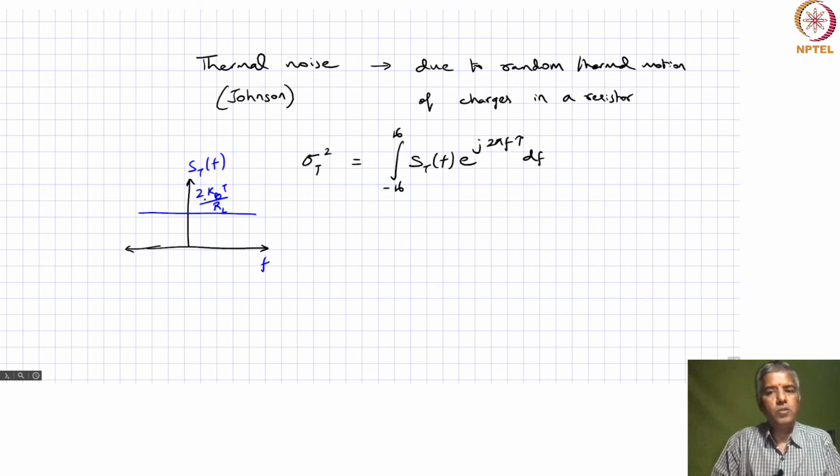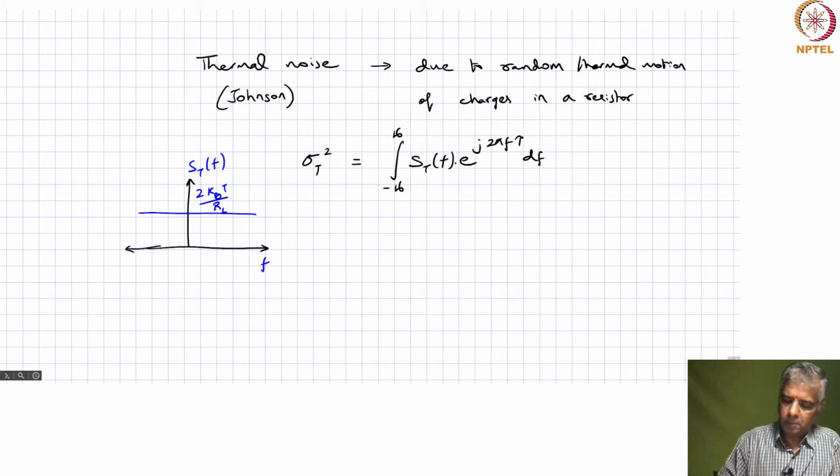So in certain ways, if you can lower the temperature at which these resistors are kept, then you can reduce the randomness in the flow of charges and the number of collisions happening in the resistor, and through that you can reduce the overall variance.